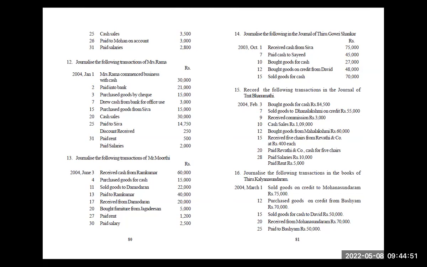Good, but the entry is: drew cash from bank for office use. Why are you debiting drawings account? What is the entry for Jan 7th?